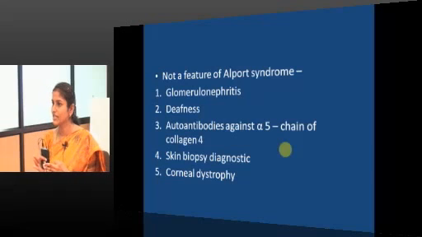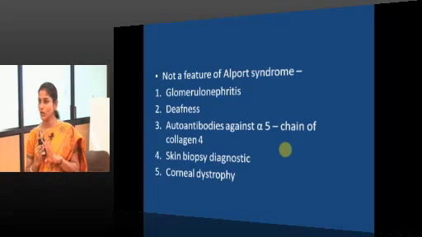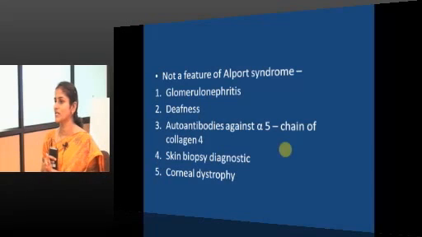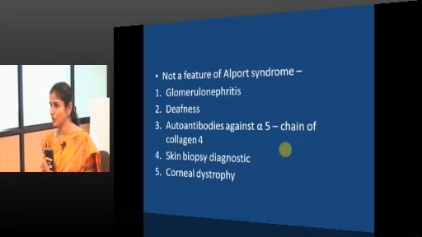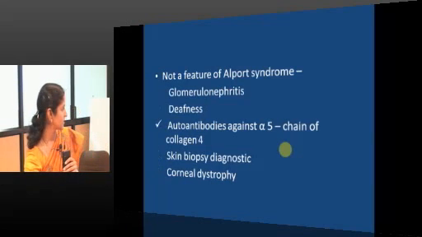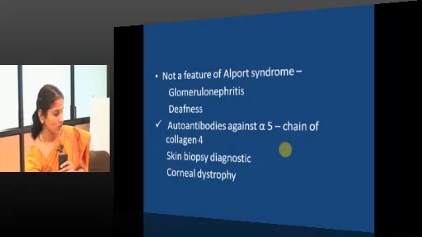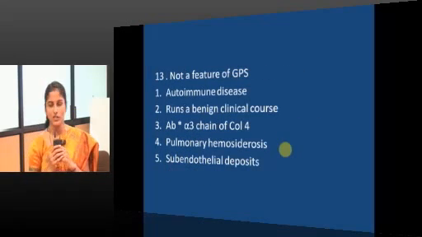It is actually a defect in the alpha 5 chain of collagen type 4 and not autoantibodies. Skin biopsy diagnostic, yes. To confirm the diagnosis, you just need to do a skin biopsy with a good positive control, because skin will show absence of staining for the alpha 5 chain. Corneal dystrophy. So it is not associated with autoantibodies, not a feature of Goodpasture's.